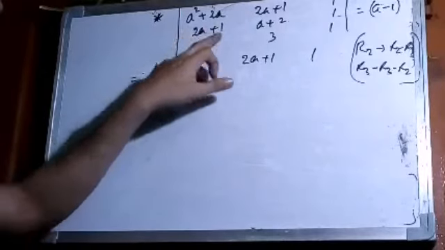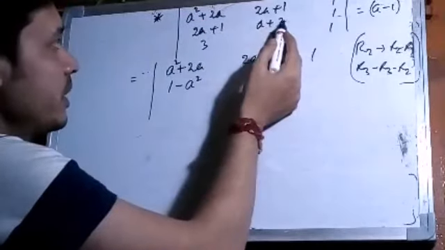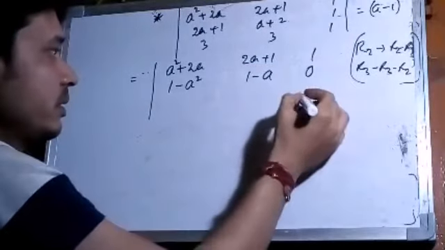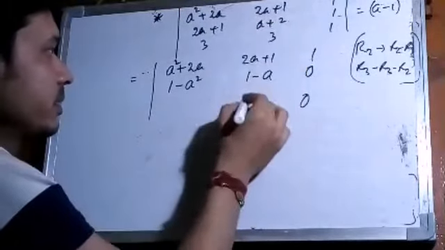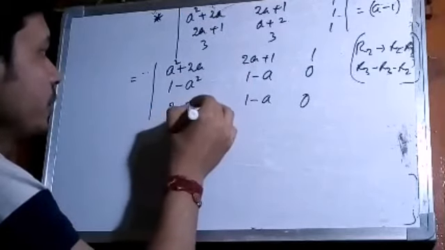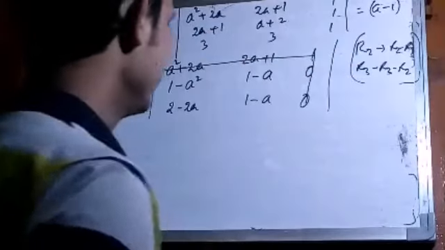So 2a plus 1 minus 2a, 1 minus a square. Now this is a plus 2, so this is 1 minus a, subtracting, and this is 0. This one will be 0, this minus this is 1 minus a, and this minus this is 2 minus 2a. So we see 1, 0, 0 we have got, so this determinant gets cancelled out.